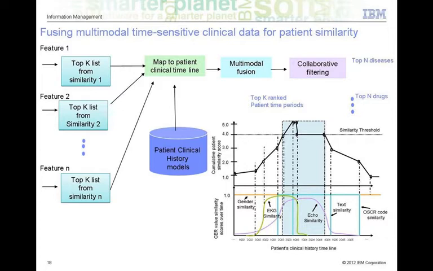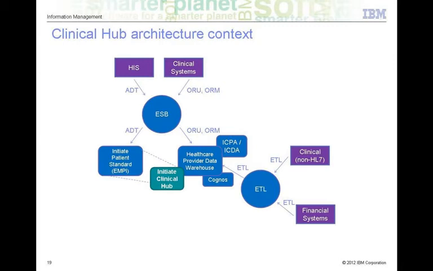We get that into a time history, so I measure, I align the patients' time histories in a way so I can say, okay, are they doing things in the same sequence as part of the similarity? Because order is important in treatments and drugs, et cetera, and results. So we use the time series to align these people, and then we fuse the information together once we've got that similarity. So that's a key piece to the puzzle.